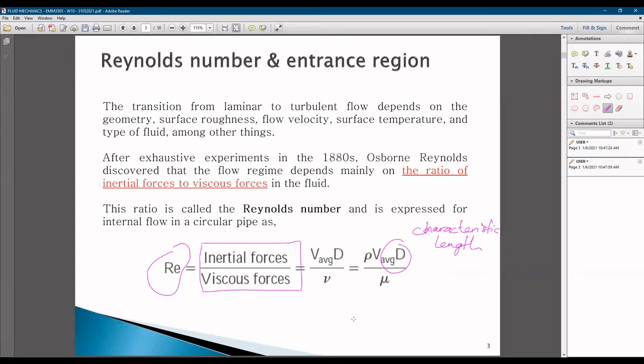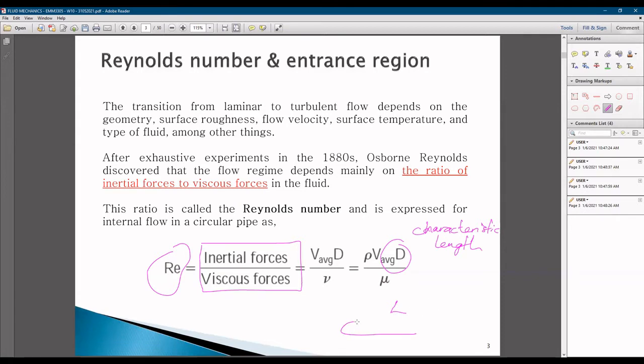If you are interested in a region that is not a pipe, for example, if it is a pipe, we normally refer to the diameter of that particular pipe. If it is external flow, then D we normally replace by L, which, if you are looking at a wing, could be the chord length of that particular wing.